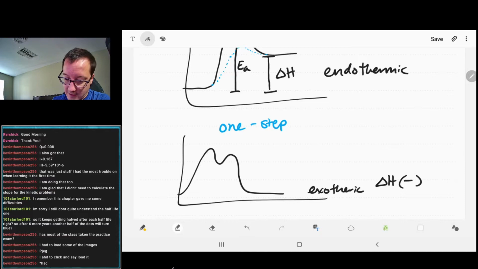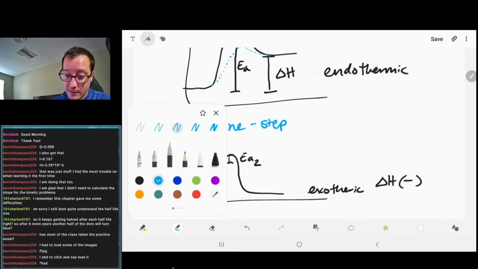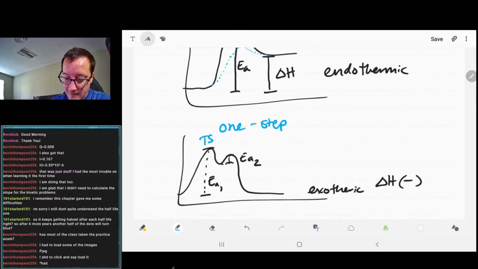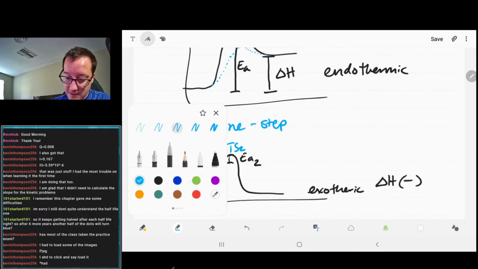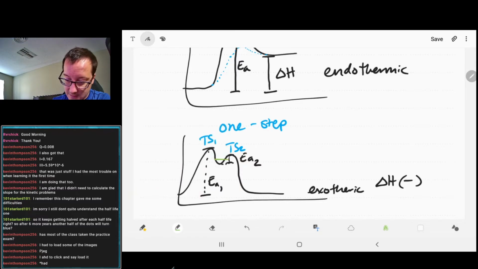We have activation energy 1 here. And then we have activation energy 2 here. So remember here, in this particular graph, we have a transition state up there, a second transition state up there, and in the middle we have our intermediate. And our intermediate there can be isolated. Remember, intermediates we can capture, transition states we cannot.